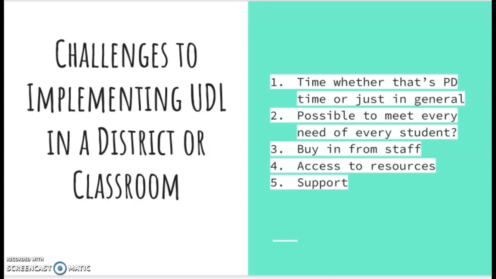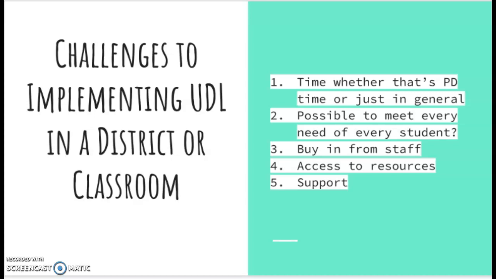Also, number two, is it possible to meet every need of every student? I think that's a tough one that we all struggle with as educators. Is it possible to meet every single need of every student? And finding a time when we're okay with where we're at. I think buy-in from staff is huge for Universal Design for Learning, and you won't always get it.